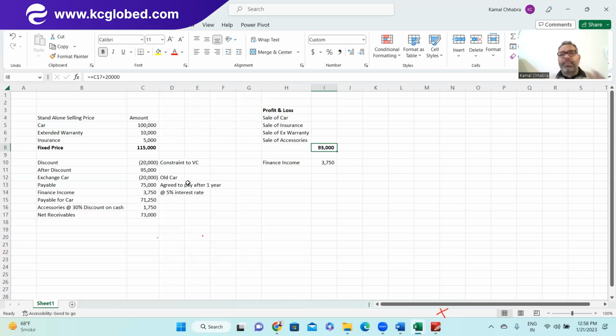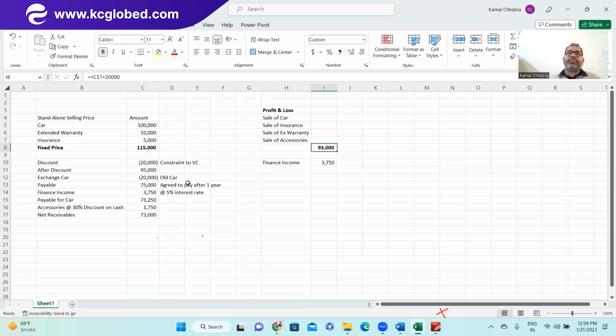That we'll discuss in step 4. As of now, we are discussing what will be the transaction price for sale of all these items and what will be the transaction price for the finance income. That we have separated here in step 3. In step 4, we'll be understanding how to allocate this 93,000 to sale of car, sale of insurance, sale of extended warranty and sale of accessories.